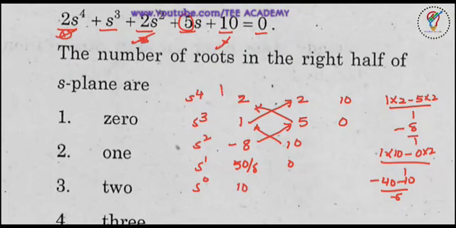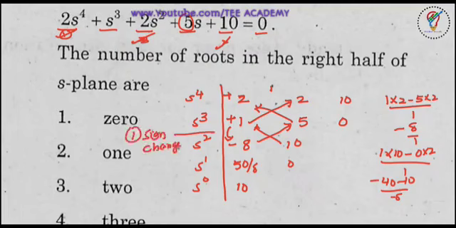Now you have to observe how many sign changes there are. Positive here, and here also positive, but from positive to negative there is one sign change. Next, from negative to positive again there is another sign change. Plus to minus is one change, minus to plus is another change. If it is minus to minus, there is no sign change.